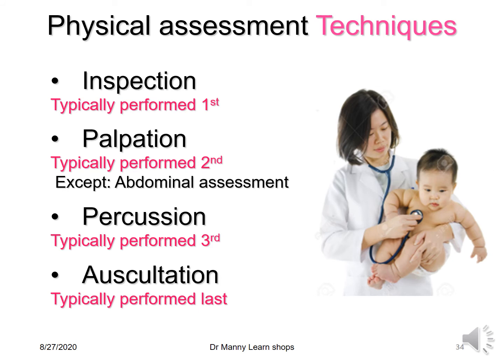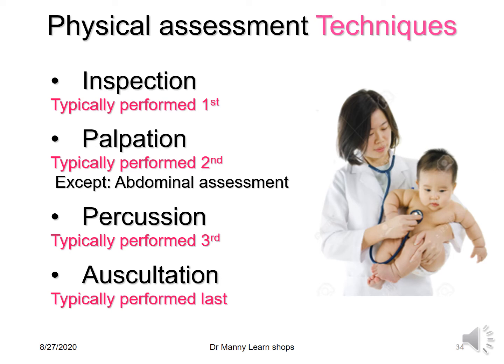Now let's review physical assessment techniques. And typically there are four. There's inspection, which is typically performed first. Then there's palpation, which is typically performed second, except if you're doing an abdominal assessment. There's percussion, which we're not going to be spending too much time on, which is typically performed third.